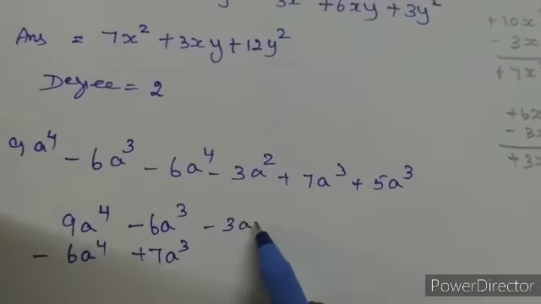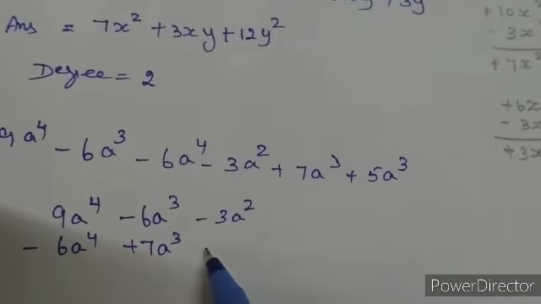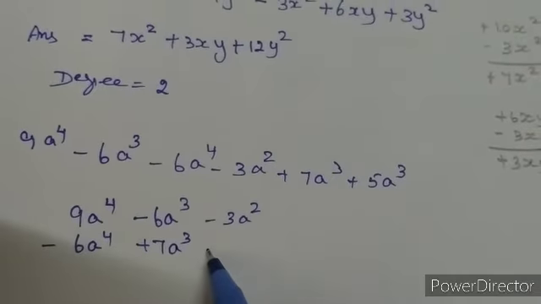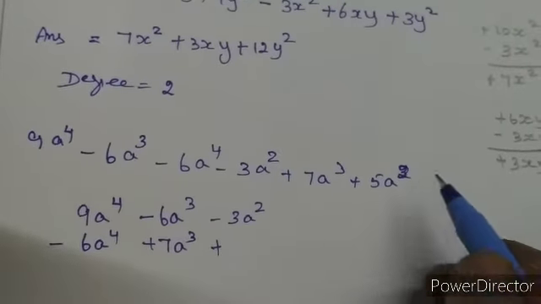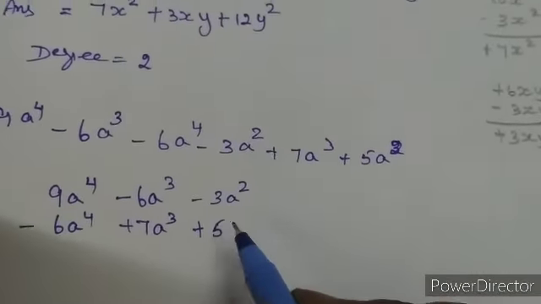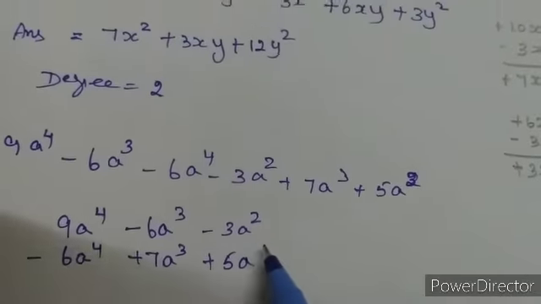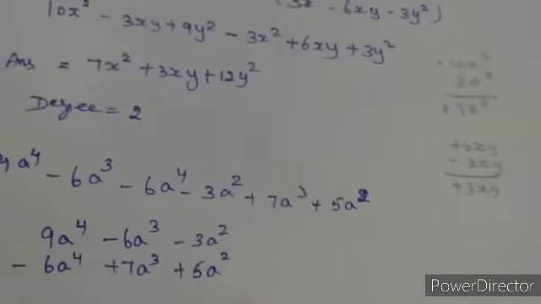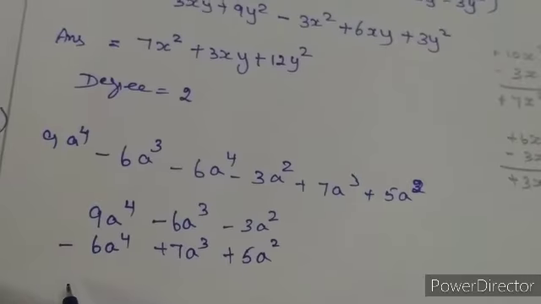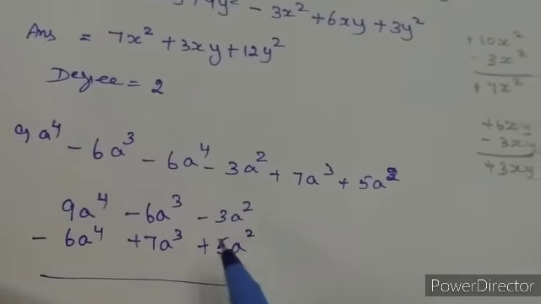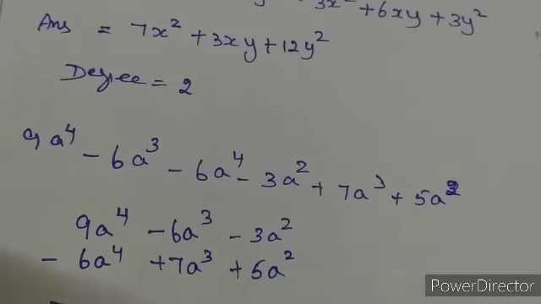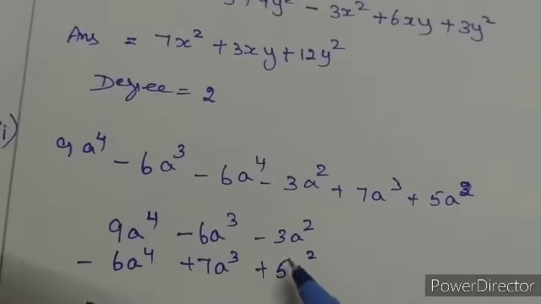Now minus 3a square plus 5a square. Like this also you can simplify the given expression. So now plus into minus, we have to subtract.